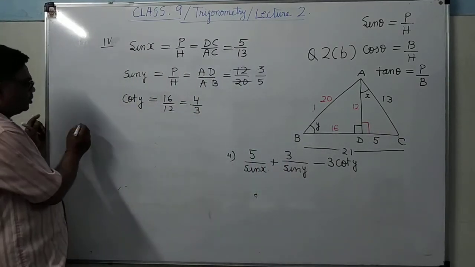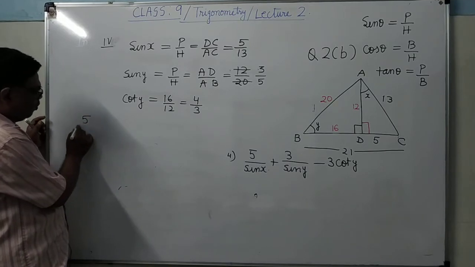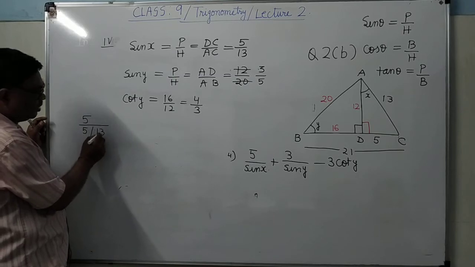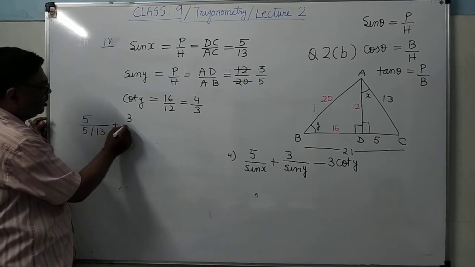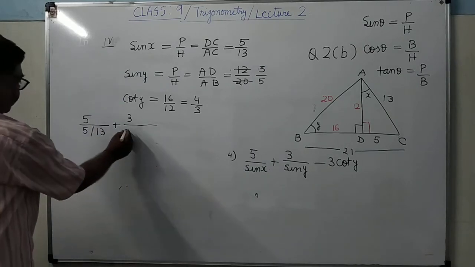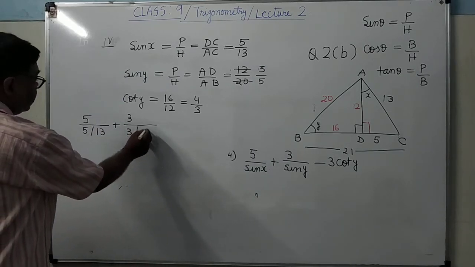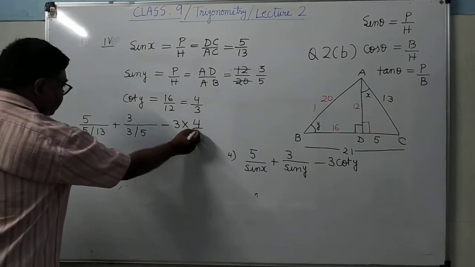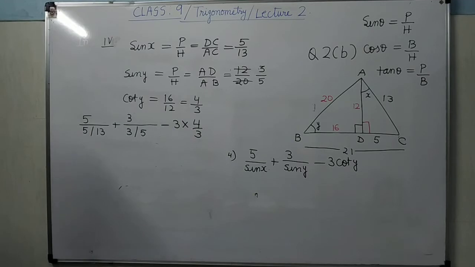So if you see here, 5 upon sin x, 5 upon 13 plus 3 upon sin y. Sin y is 3 upon 5 minus 3 into cot y, 4 upon 3. Now simplify it further.